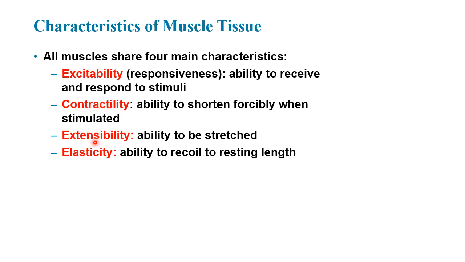Once you send a signal to the muscle, it is supposed to contract at will. Extensibility. What does this word mean? The muscle can be stretched, but not too much. It's a little bit of a stretch, right? You cannot extend the muscles too much.